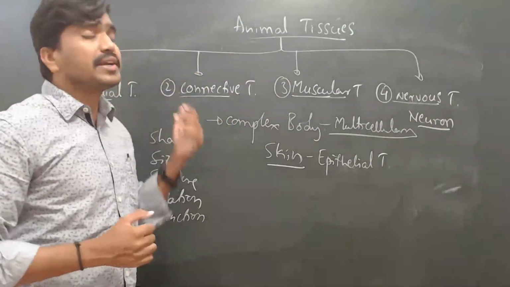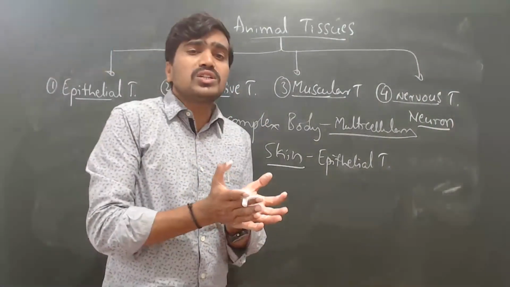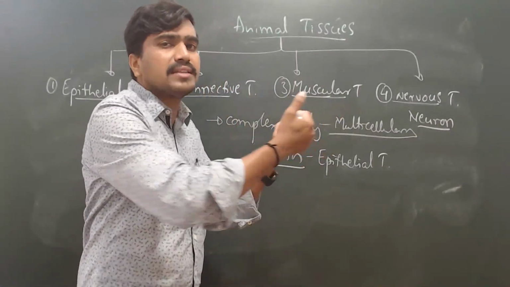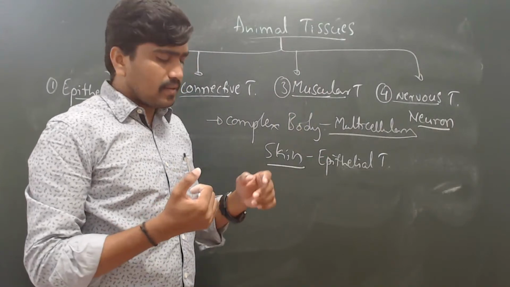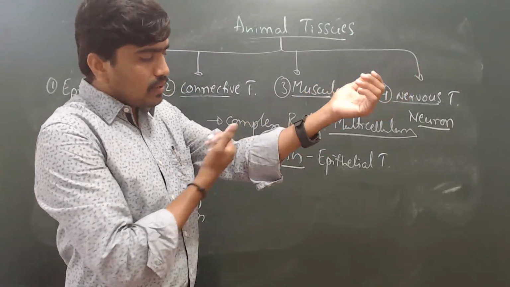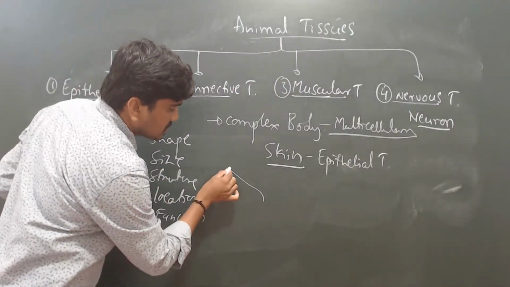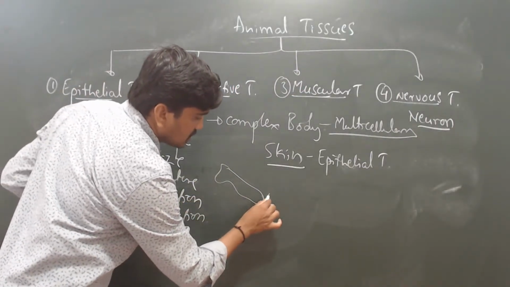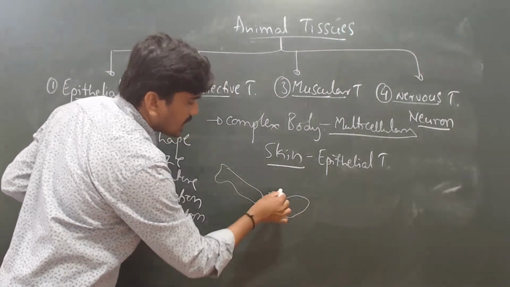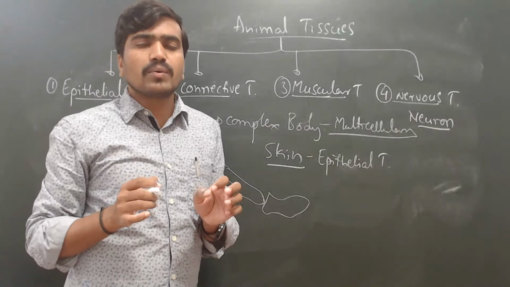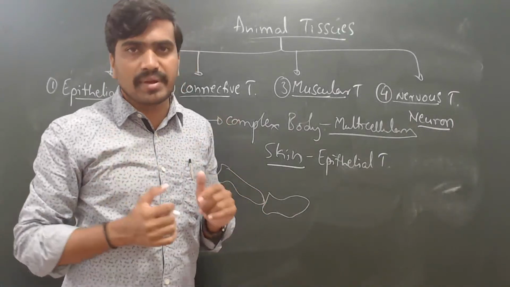Then, connective tissue. This connective tissue mainly helps to connect one part of the body to another. Like here, two bones are present. This bone is connected with another bone, where some tissues are present that we call tendons and ligaments.